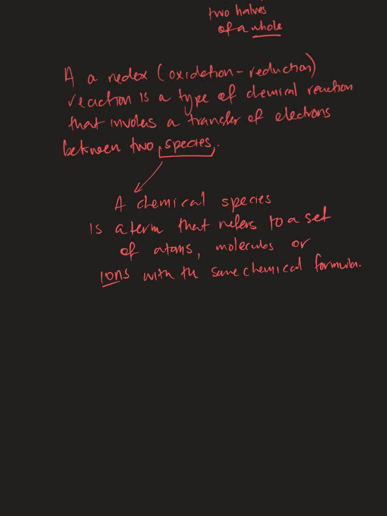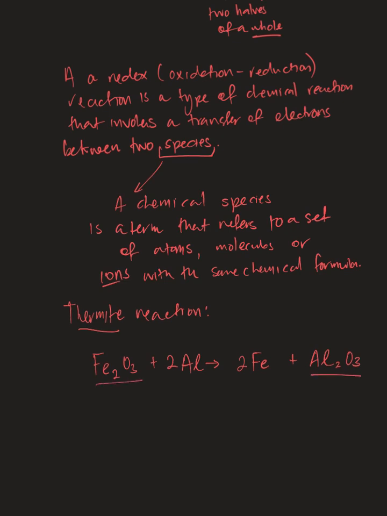Right? For example, let's have a look at a thermite reaction. Then it's a type of reaction like combustion and so on. If I take iron oxide plus aluminium, I'm going to end up with two iron atoms plus aluminium oxide. Alright, so I started off with iron oxide, ended up with aluminium oxide.